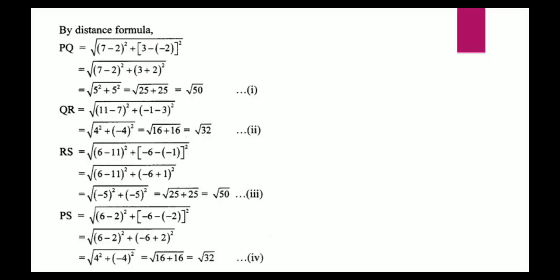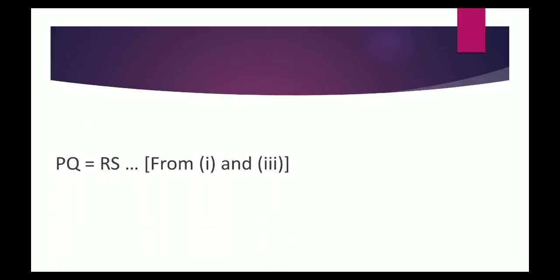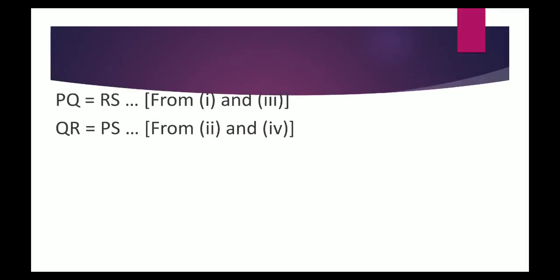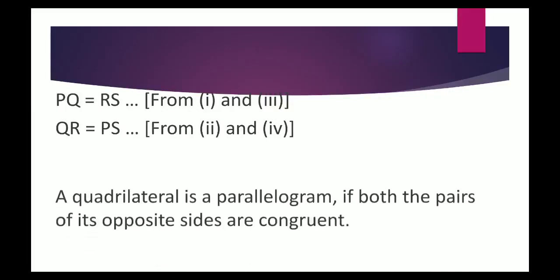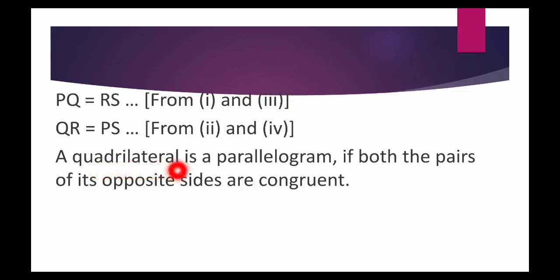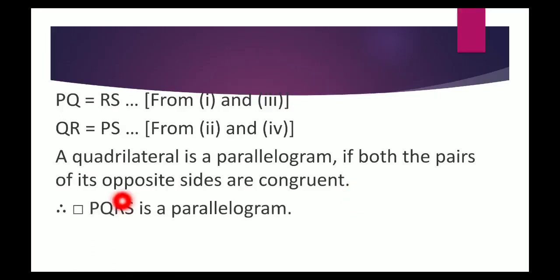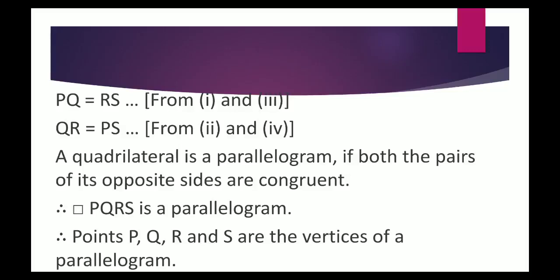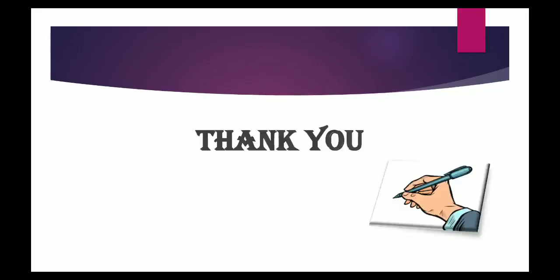So PQ is equal to RS and QR is equal to PS. A quadrilateral is a parallelogram if both pairs of opposite sides are congruent, so the quadrilateral PQRS is a parallelogram. Therefore, points PQRS are the vertices of a parallelogram.